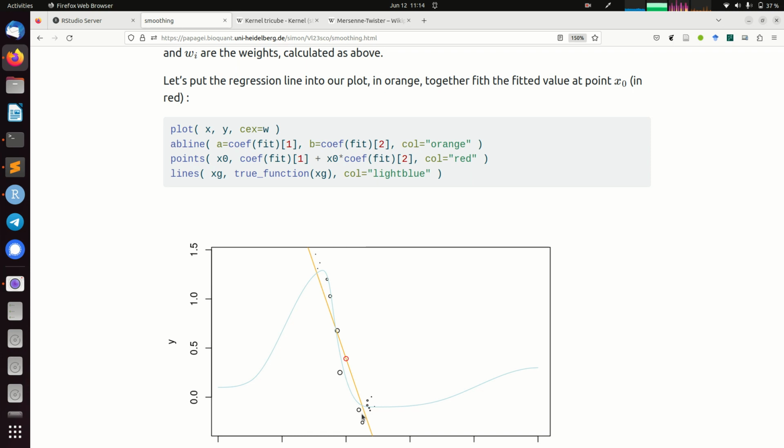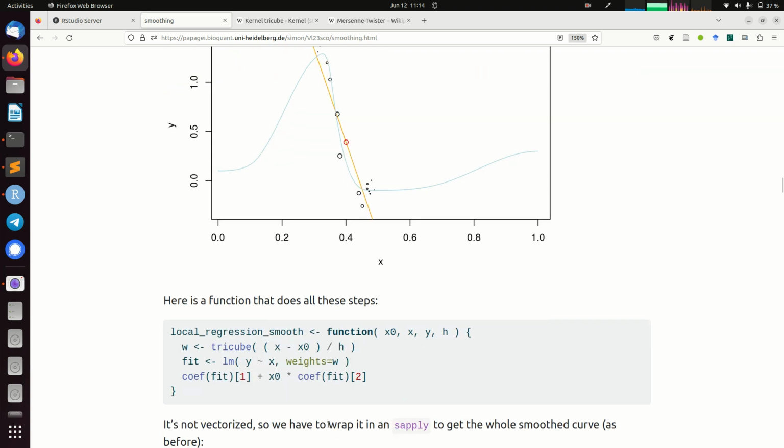And this is, of course, now slightly different than what we would have got if we take a simple mean. It's actually a little bit further down because the line is now made to follow this as best it can. So what I now do is I use a new smoothing function. It starts the same as before. I calculate my weight, but now instead of calling weighted mean, I call LM.